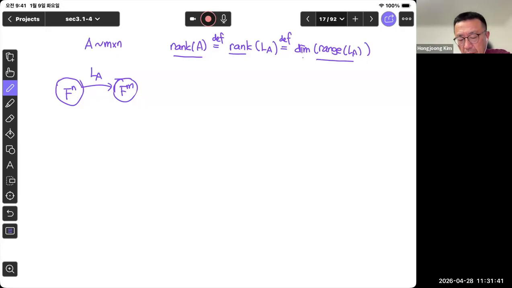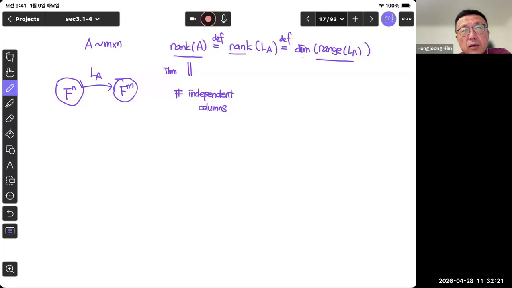But theorem 3.5 shows that, instead of considering the rank of a linear transformation, we can directly identify the rank from the matrix itself. The theorem claims that you can just count the number of independent columns.